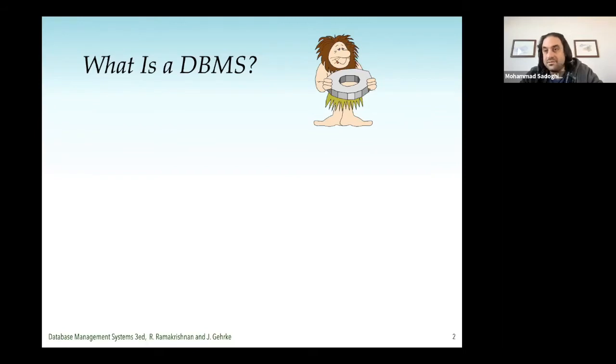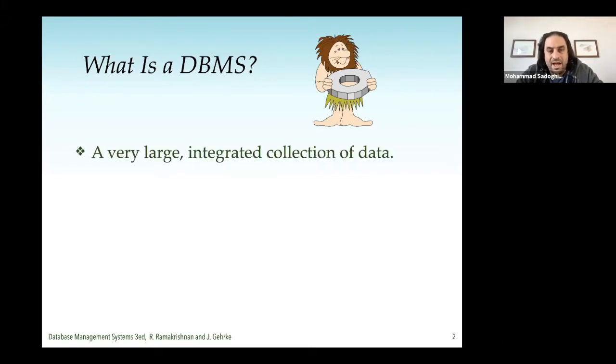So that's the key notion, or the key necessity, of having relational systems or databases in general. And in general, what we find is that it doesn't matter what industry you're in, or what application you're dealing with. If there's no data, there seems to be not much to do.